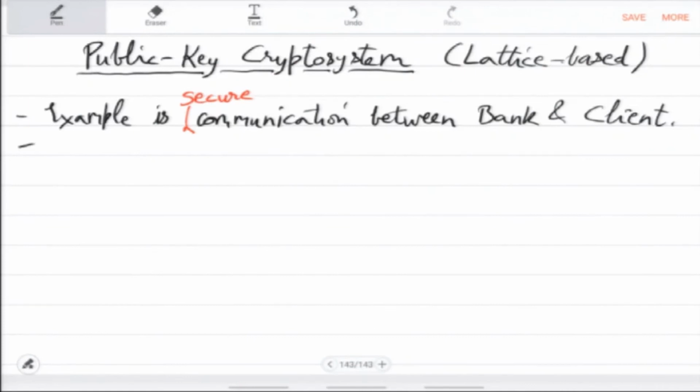So one public key crypto system which is used quite commonly is RSA. But the problem is that it is insecure if quantum computers exist.